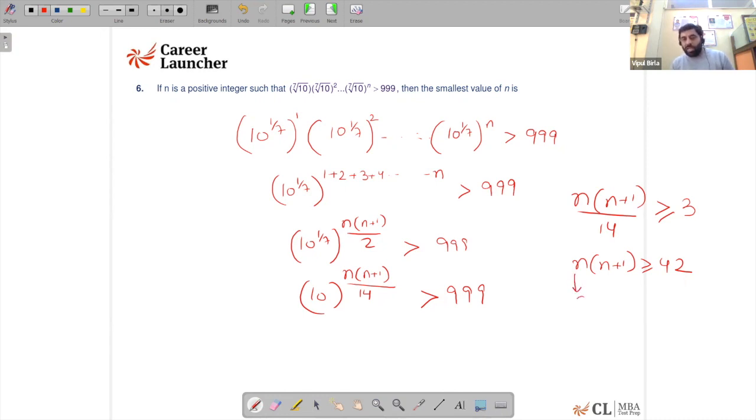And the moment I place n equal to 6, 6 into 7 is actually coming out to be equal to 42, which is what I'm looking for. So therefore, the smallest possible value of n, considering it being a positive integer, so n equal to 6, is my answer to this question. Right, guys? So this is how we will be able to solve this and get the answer.